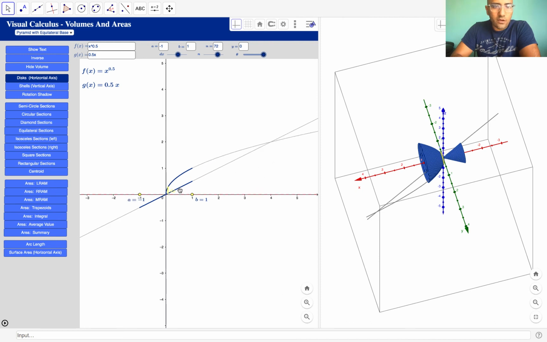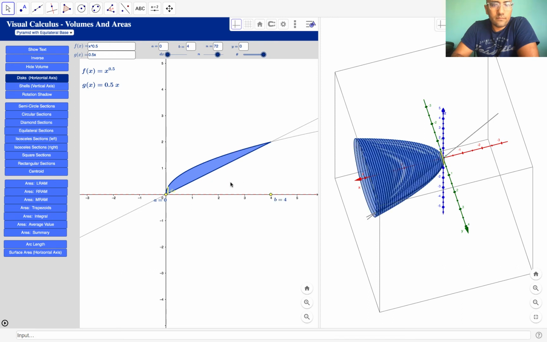Okay, and then we saw from our work that they cross at the point (4, 2). So I need x to go from 0 up through 4. Okay, so now we have that nice shape right there, from this point, which is (4, 2), to this point, which is (0, 0), and we're going to rotate it about the y-axis.